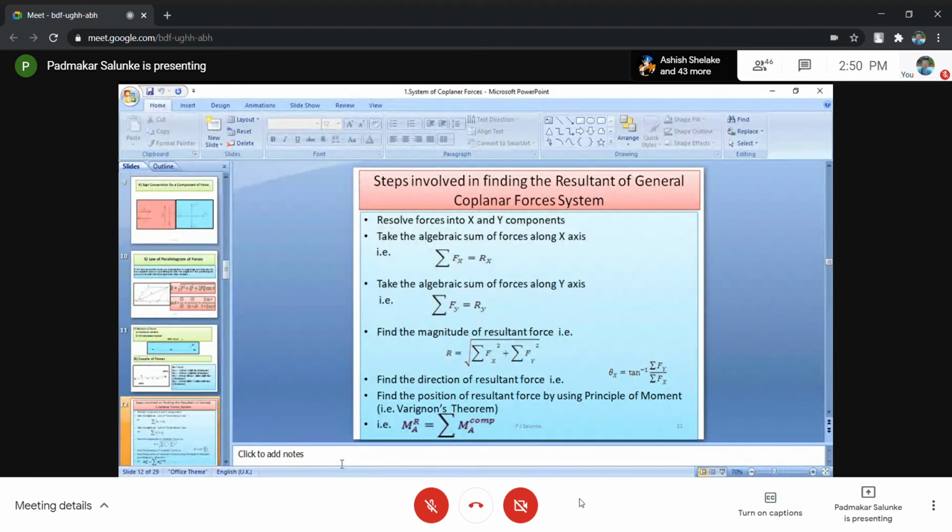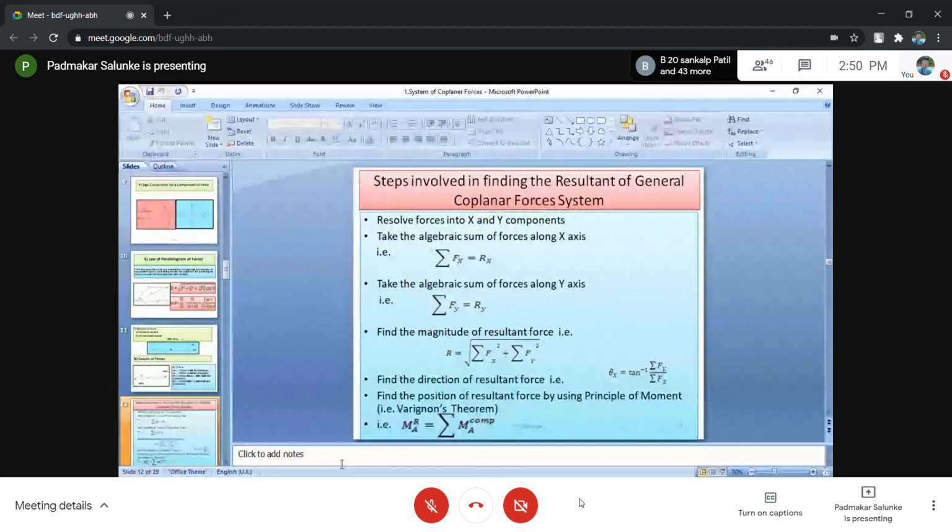Magnitude is determined by using the formula R equals the root of summation of Fx square plus summation of Fy square. Direction is defined by using the formula theta equals tan inverse summation of Fy by summation of Fx.